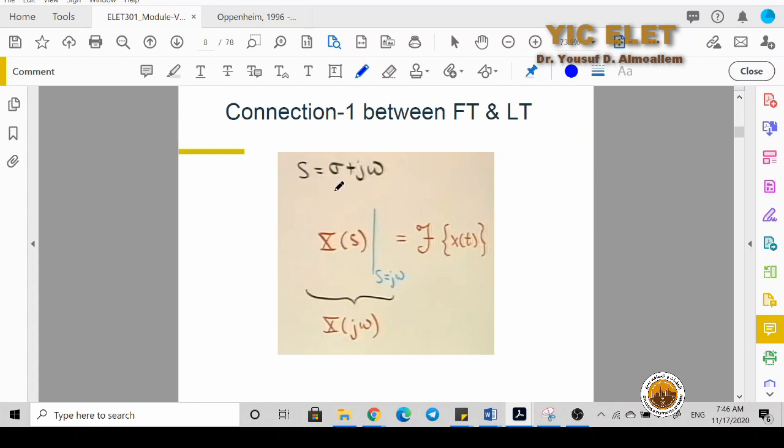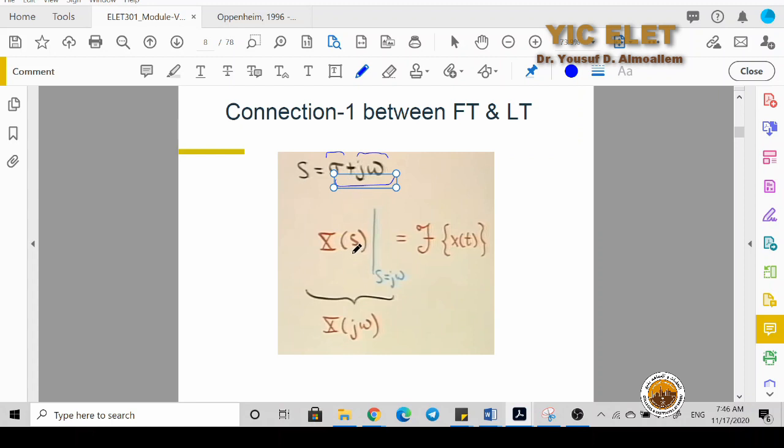طيب now we have this new variable which is called s, and this new variable is constituted of this sigma plus j omega as a complex number.